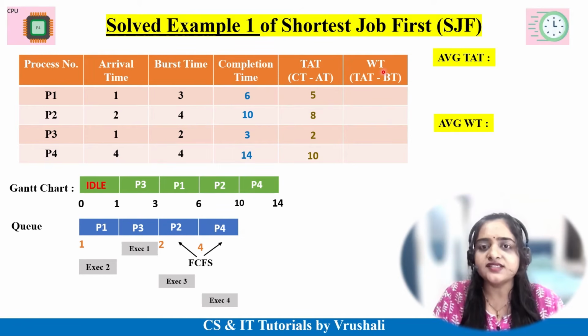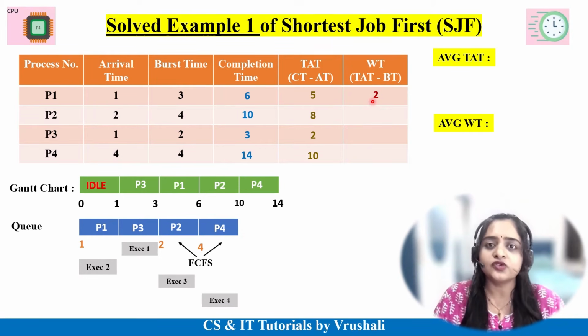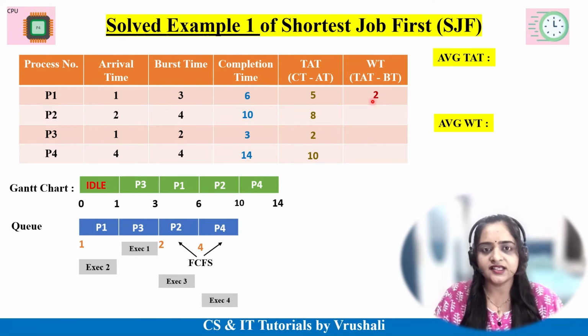Now the next one is waiting time. The formula of waiting time is turnaround time minus burst time. Now see here, P1 process waiting time is turnaround time 5 minus burst time 3. So that is 2 hours. Means for 2 units of time, the P1 process goes to the waiting state. Clear?